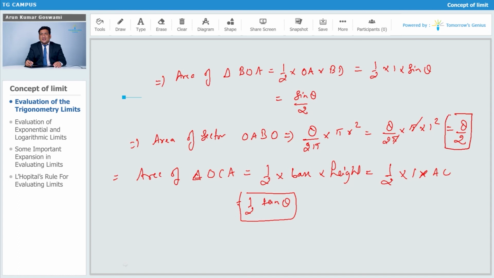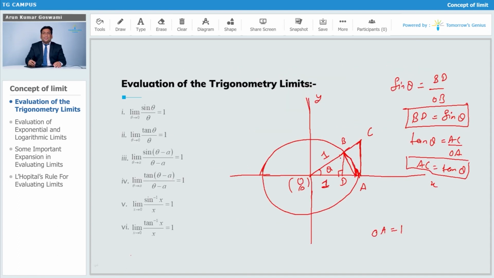As you can see from the figure, it is very clear that the triangle area OAB is lesser than the sector area, and the sector area is lesser than the big triangle area, which is nothing but OAC. By the diagram, you can see that. So I'm writing according to the diagram only.